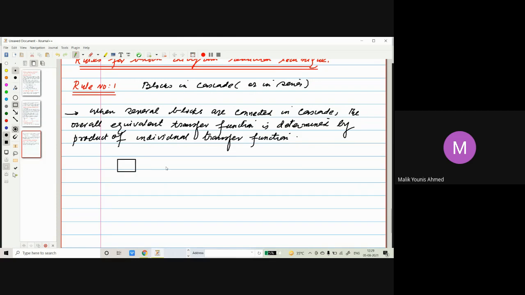Let's have one block, another in cascade, another in cascade. Okay, fine. So now we will have signals.